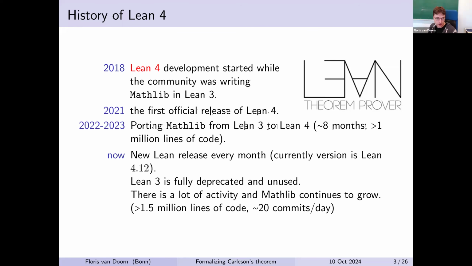But it still took more than a year before it was really ready for Mathlib. So at the end of 2022, we started porting Mathlib from Lean 3 to Lean 4, which was a very big project.